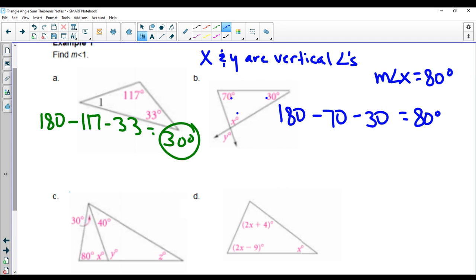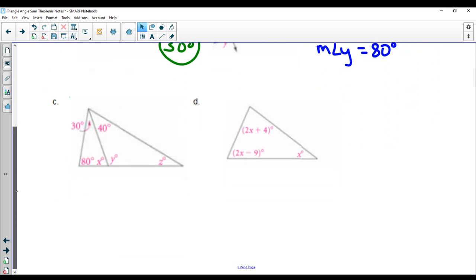And now because x and y are vertical, we can go ahead and say the measure of angle y is also 80 degrees. Okay? You might have to do that sometimes. You might be asked to find one angle, and then the other angle you have to find is vertical. So you'd have to do that. Or, as we'll see here in a minute, might have to use a supplementary thing.